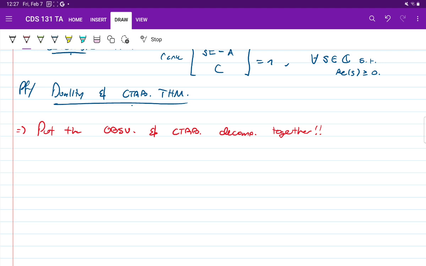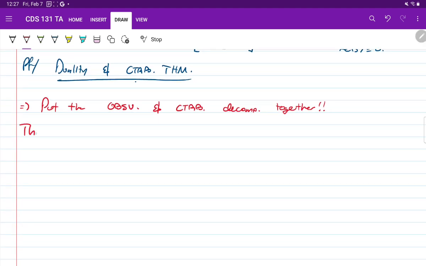Together they identify a space which is both controllable and observable, one which is controllable but not observable, one which is observable but not controllable, and one which is neither controllable nor observable. That's a pretty bad space. So let's state this theorem.